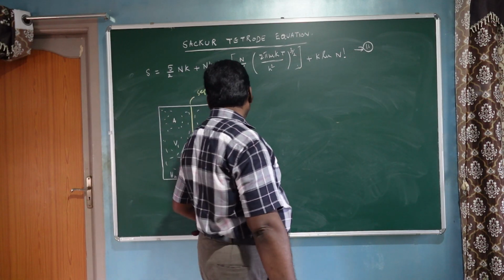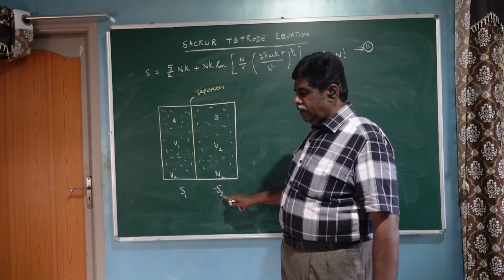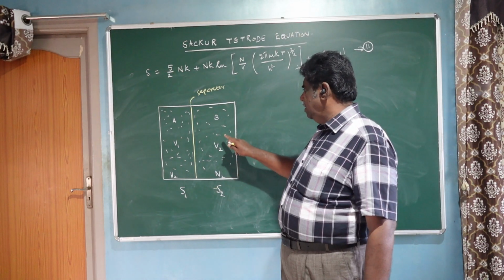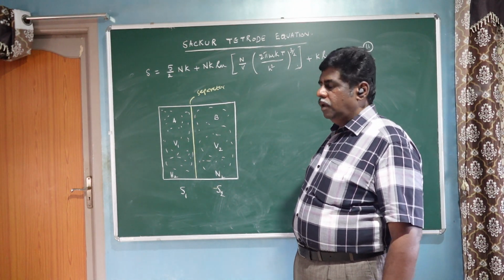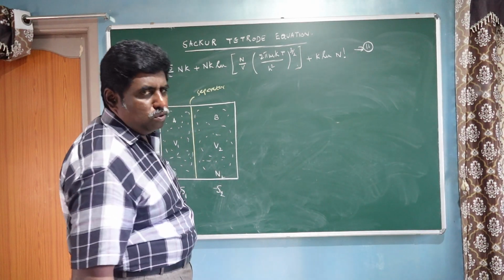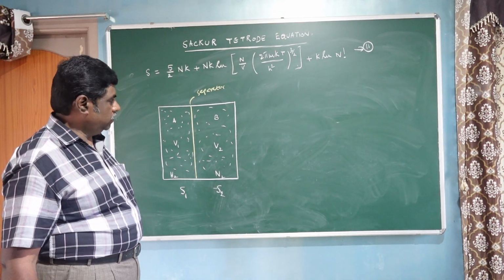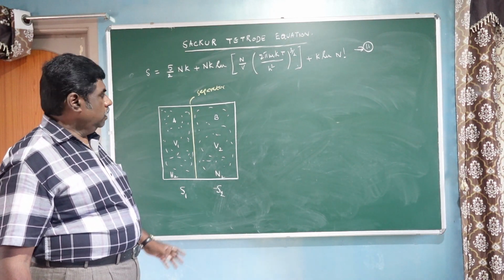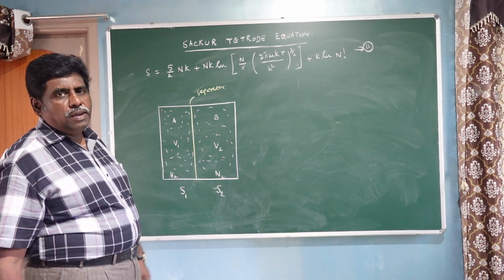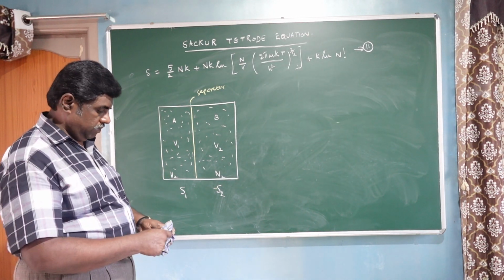Let S1 be the entropy of the gas in A and S2 be the entropy of the gas in B. Once the separator is removed, the molecules are allowed to mix. If you consider the entropy of the mixed state, it should be increased.